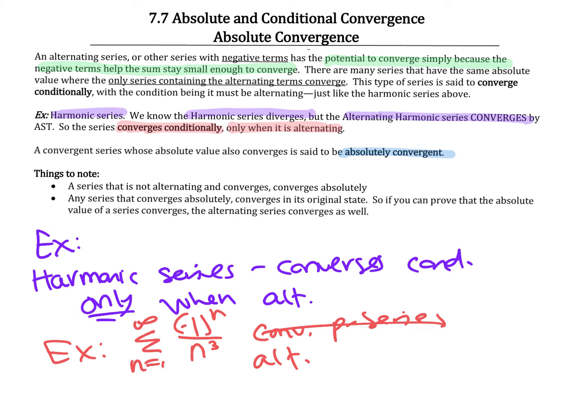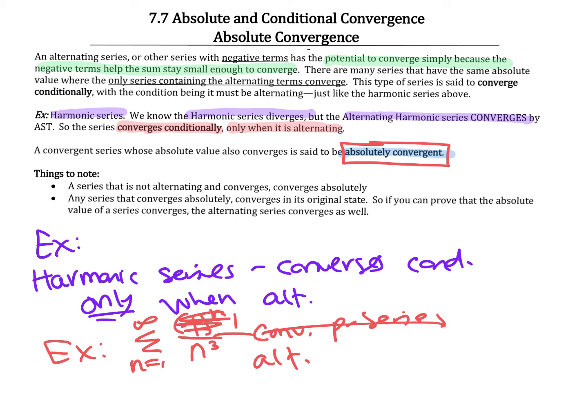So if a series converges when all of the terms are positive, we say that that series converges absolutely or is absolutely convergent. A couple things to note: a series that is not alternating and converges will automatically converge absolutely, like the one that we were just talking about. If this wasn't alternating, 1 over n to the third, that series converges absolutely because it converges when it's positive.